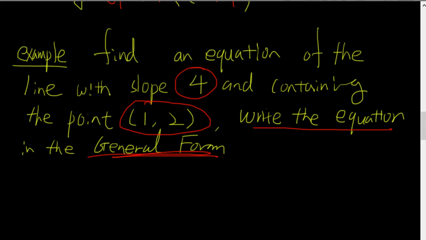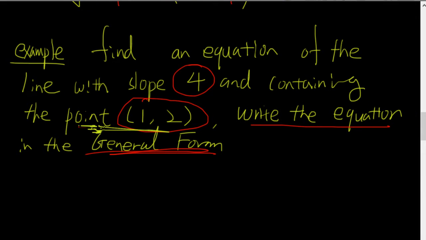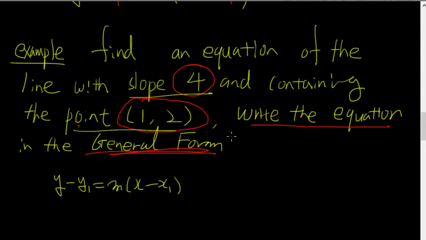All right, so when we have a point and slope, what form should we use? Of course, it's going to be point-slope form, right? Let me rewrite the actual formula. The formula was y minus y1 equals m times x minus x1, right?